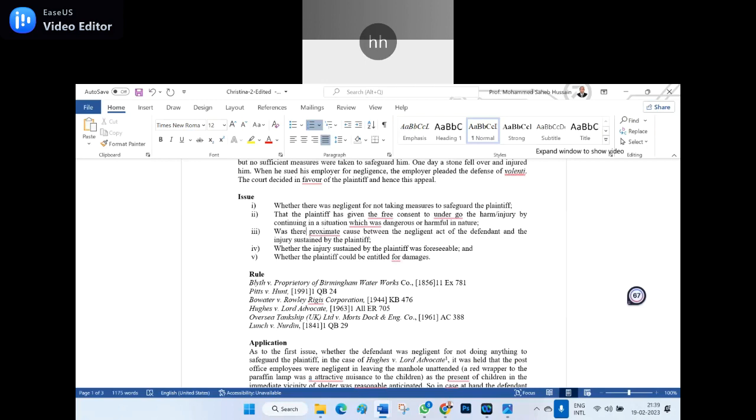So I changed it. Was there a proximate cause between the negligence of the act of the defendant and the injury sustained by the plaintiff, semicolon. Then I can use whether again, because I changed it. Whether the injury sustained by the plaintiff was foreseeable, and again I remove it.